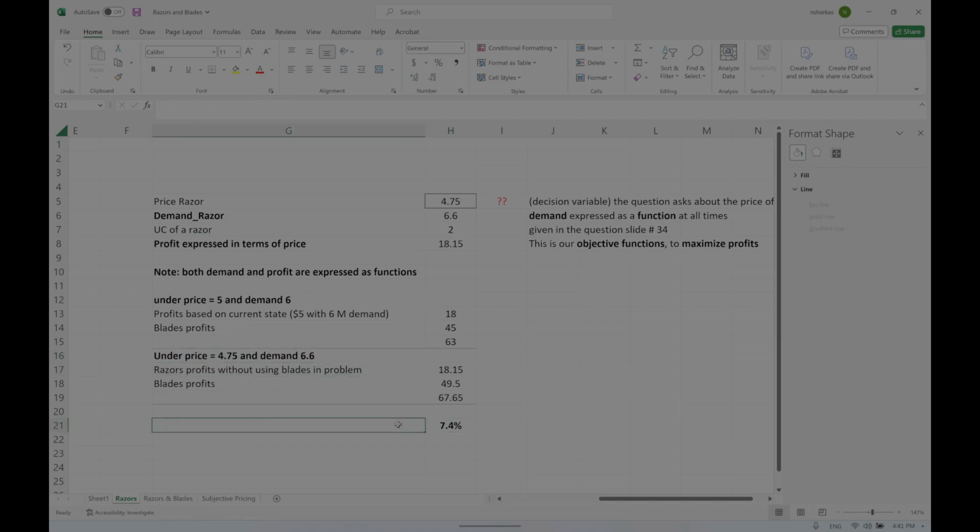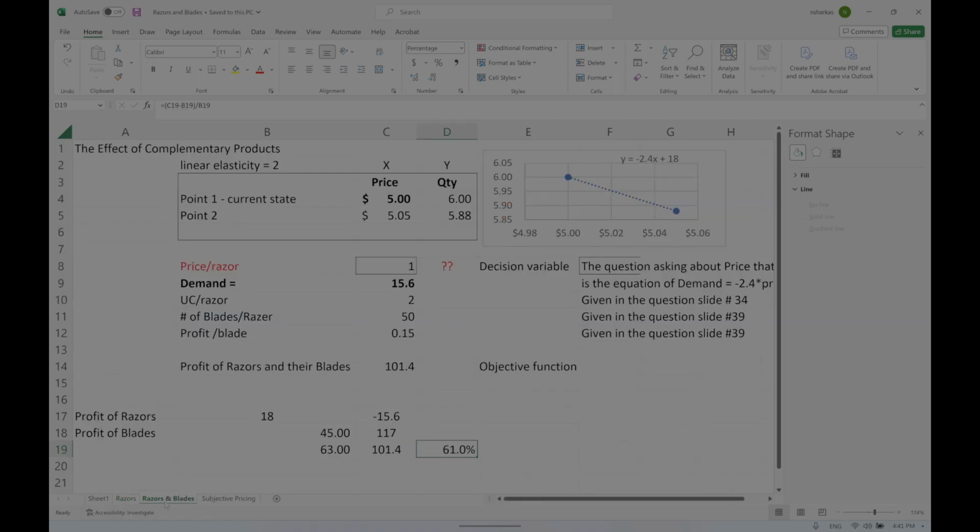This is the change rate or percentage change here, the increase rate. So that's quite interesting, isn't it? And over here the increase rate is even higher. So this is quite crazy and unrealistic for demand.